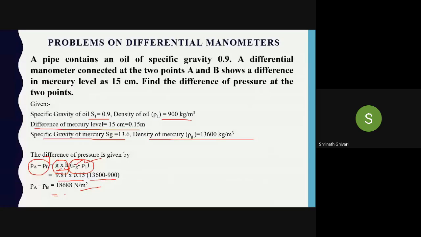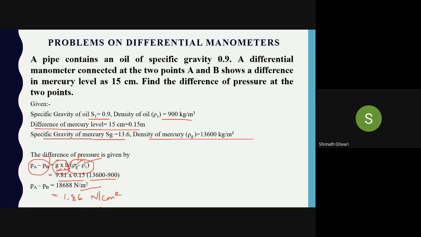Anyone else? Tell me the last answer. 18,688 divided by 10,000, sir. Divided by 10,000, 100 square. So tell me the last answer. What is the last answer? 1.8688 Newton per centimeter square.